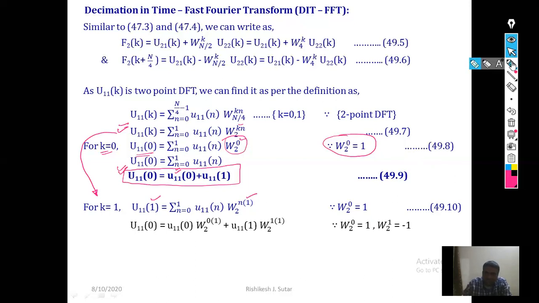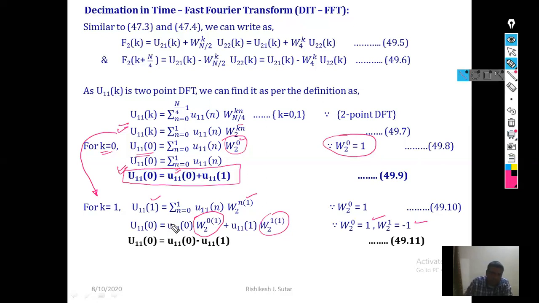So again, you can see here that w2 0 is going to be equal to 1, and w2 1 is going to be equal to minus 1, that I just mentioned here. So with this minus 1, it becomes u11 of 0 minus u11 of 1. So that is what I have mentioned here. So this is the second point which I got.